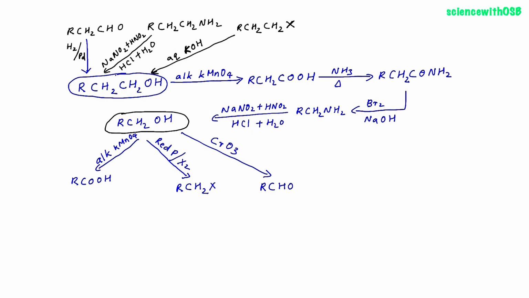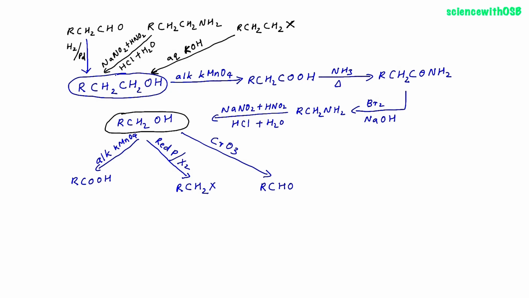Adding all these reagents you will get alcohol, then oxidation you will get the lower homologue of aldehyde. Similarly you can find the lower homologue of amines, haloalkanes, carboxylic acid and alcohol. For example, if they ask to find the lower homologue of carboxylic acid, start from here. Follow the steps. You will get the lower homologue of carboxylic acid.